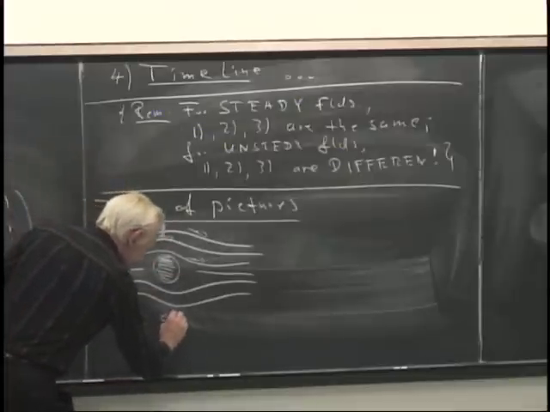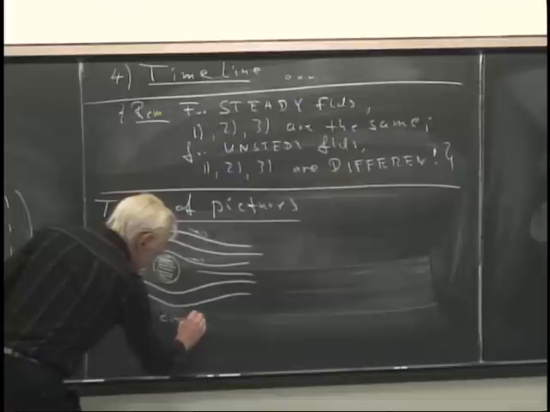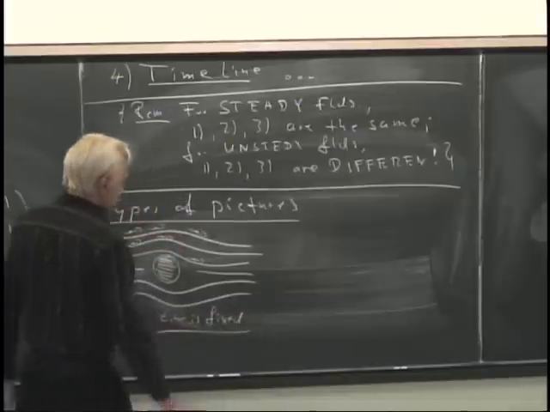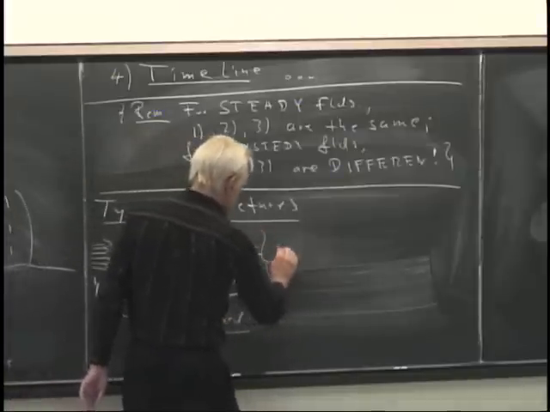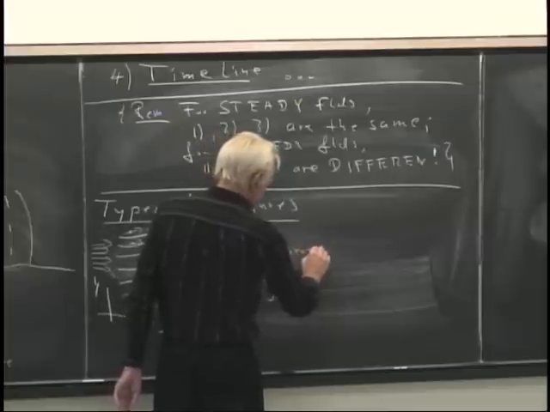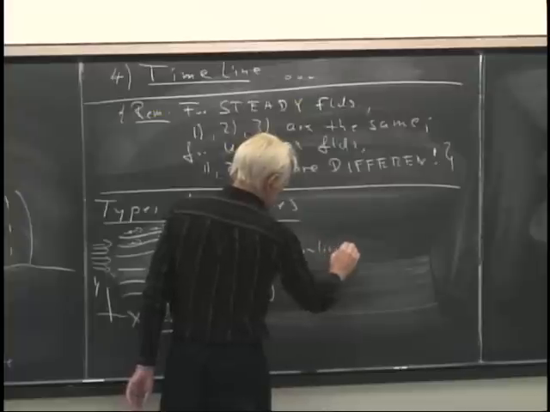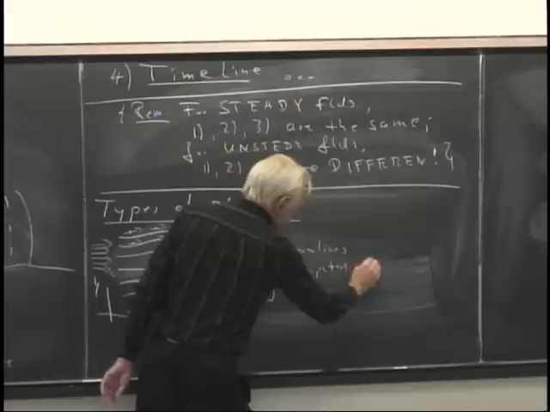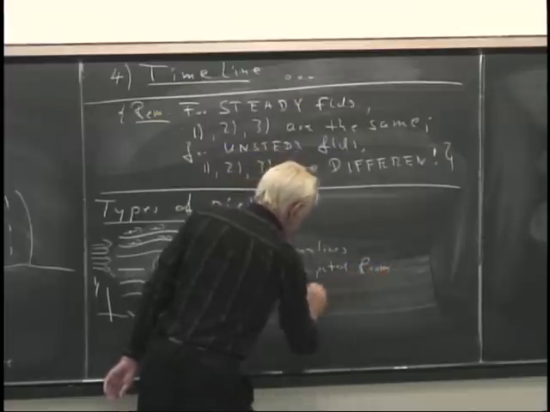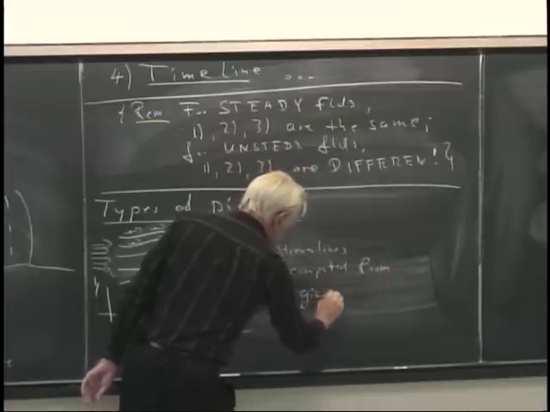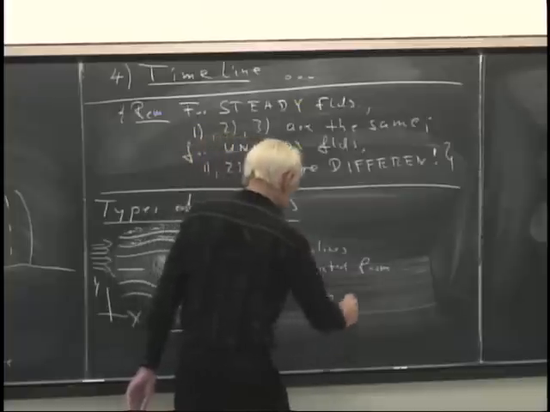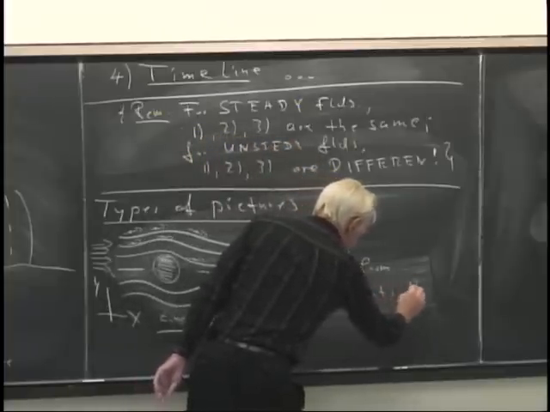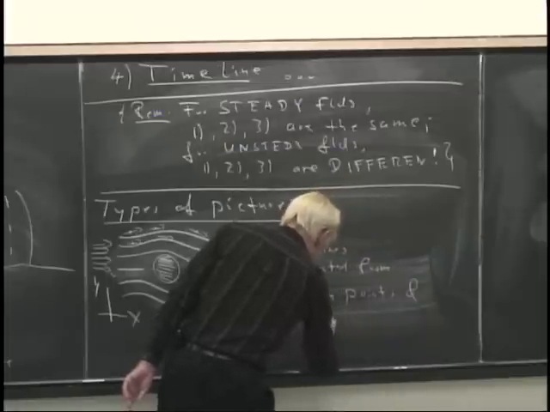So time is fixed, and these guys are streamlines computed from given points with associated flow vectors, or velocity vectors.